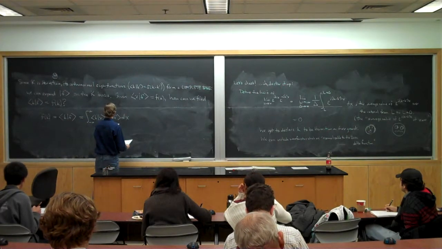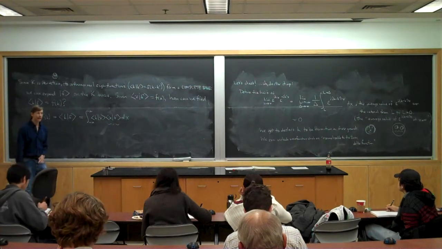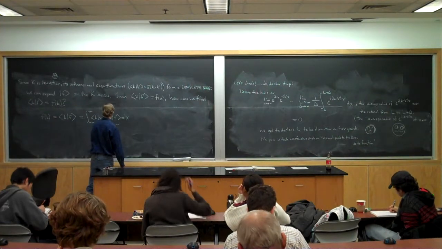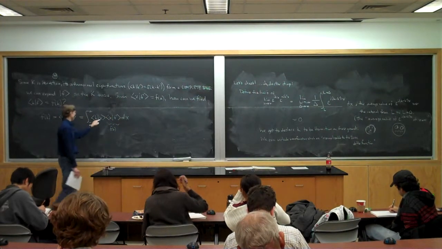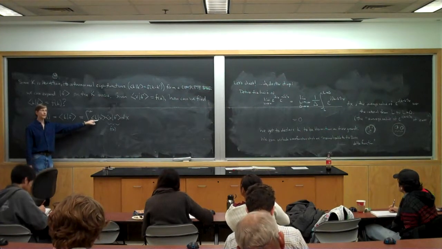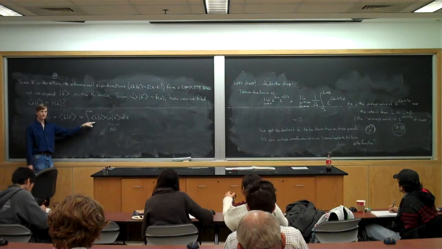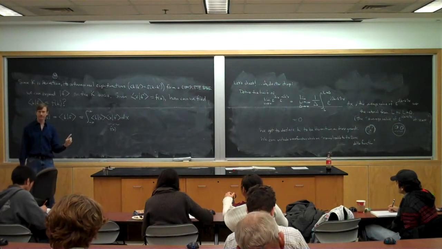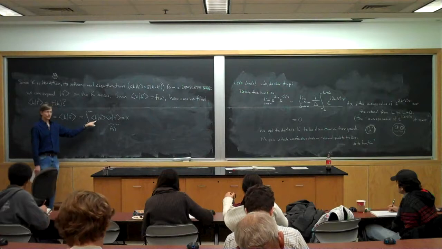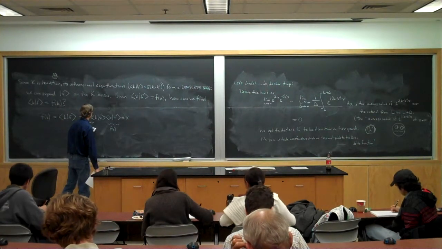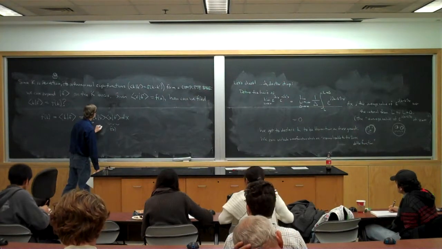But f projected onto x is f of x, and x projected onto k, well, we already know what k projected onto x was. We said that's 1 over root 2 pi e to the ikx. So x projected onto k is 1 over root 2 pi e to the minus ikx.